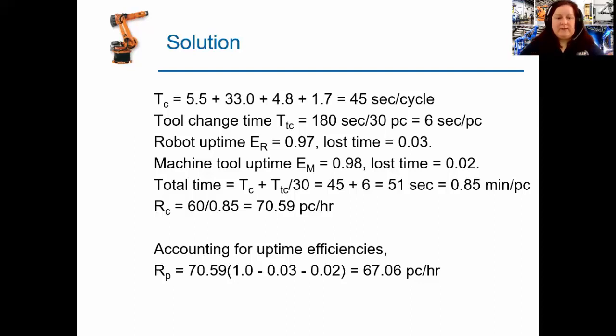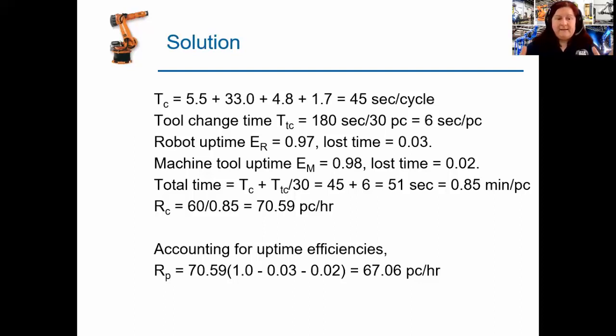So when we calculate the total time, we put in these seconds per cycle that we're actually working, and we add the 6 seconds per cycle for changing the tool. Together that will be 51 seconds, or 0.85 minutes per piece. Then per hour, that's 70.59 pieces that we can make.